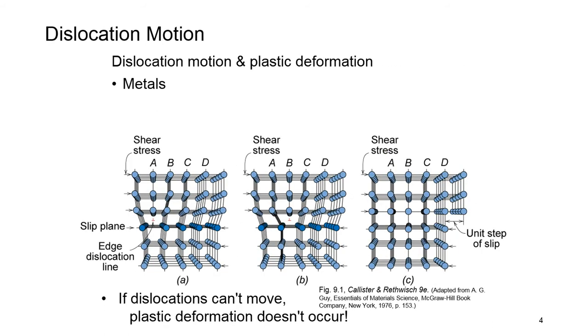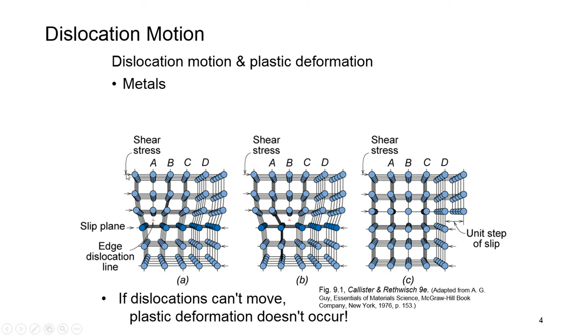As we discussed in chapter 6, in metals, specifically, plastic deformation occurs by slip. As shown here, in a slip, an edge dislocation, which is an extra half plane of atoms like this one, slides over the adjacent plane.